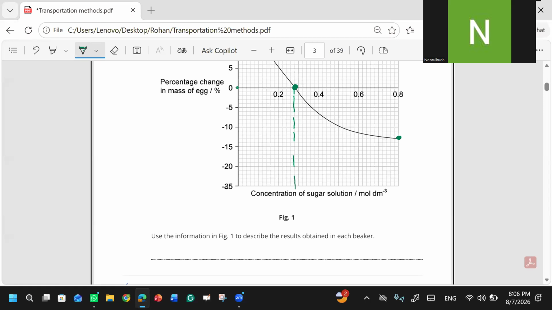Isotonic is like it has the same concentration of water inside and outside. So this is the point where the solution is isotonic, where the egg has equal concentration of water inside and outside. That's why at this point the percentage is not changing.